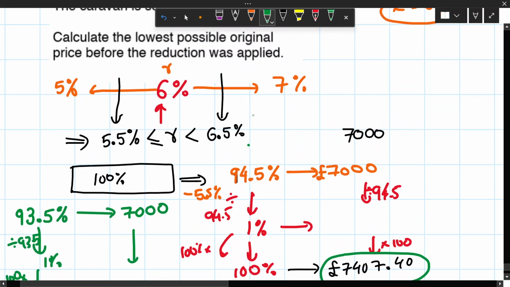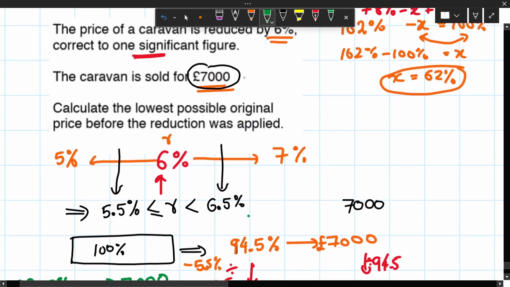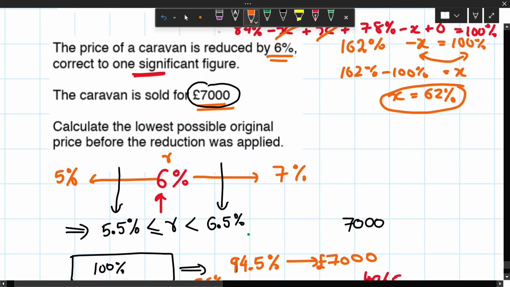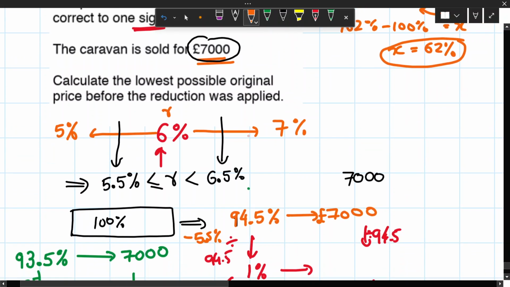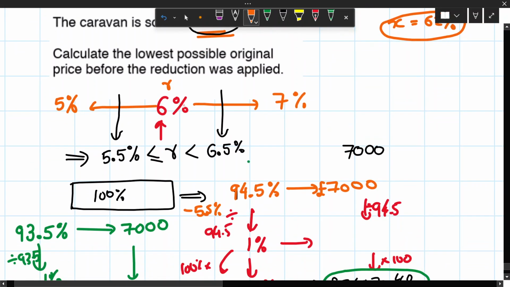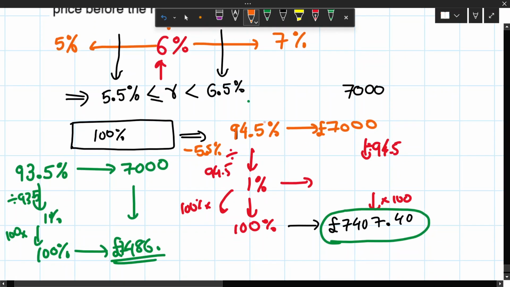So the first thing that you have to remember is the phrase correct to one significant figure. That's when I realized I had to take error intervals. Then the caravan is sold for 7,000, so it's the price after the reduction was applied. Now we need to figure out the lowest possible original price before the reduction. It confused my brain, so I just did both.